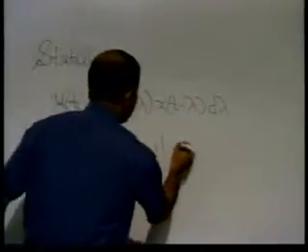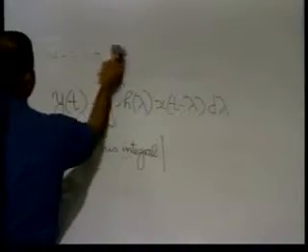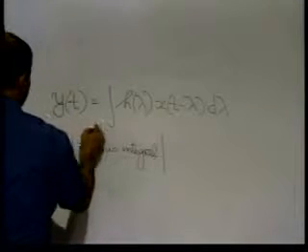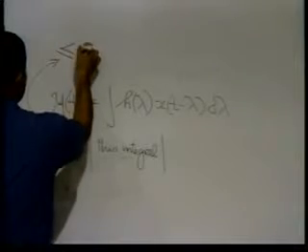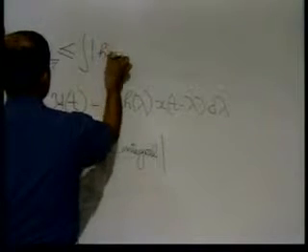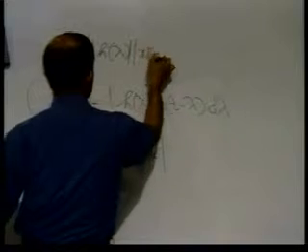So this is going to be less than or equal to the integral of the modulus, that is, modulus of h(λ) times modulus of x(t − λ) dλ.